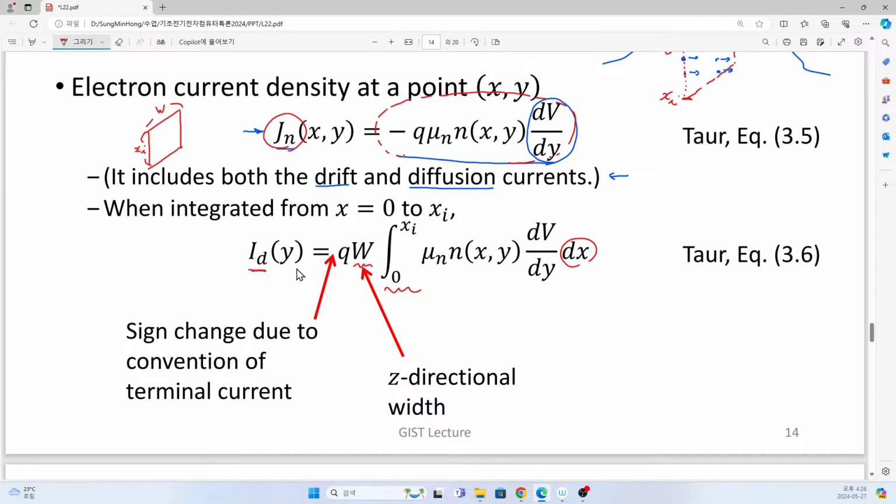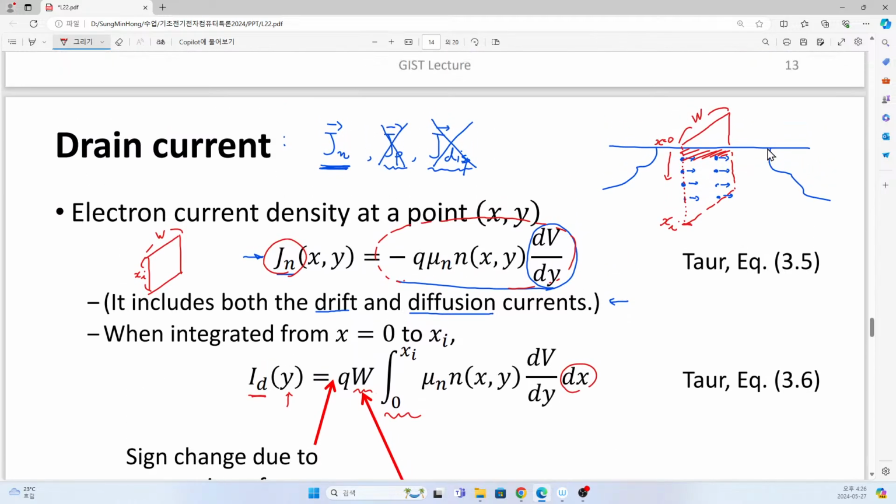Now we can calculate the current at any position y. We can calculate ID at this y position, and also at this position. Everywhere, starting from y equal to 0 and ending at y equal to L, select any value, then you can have ID.